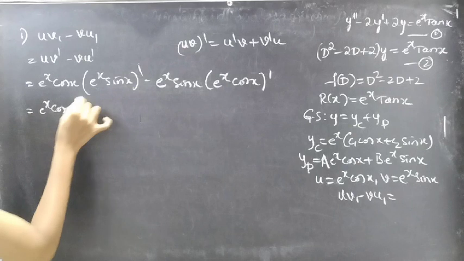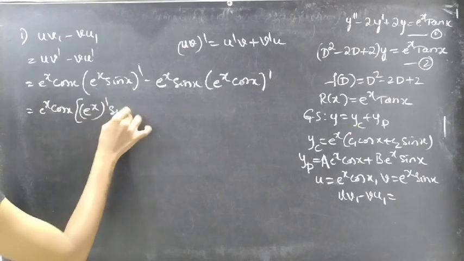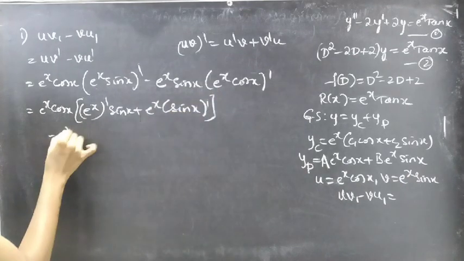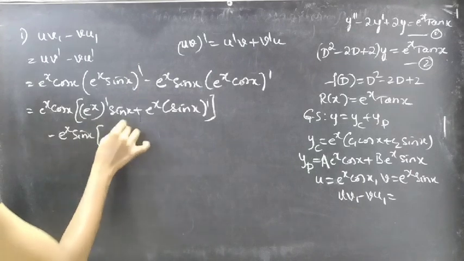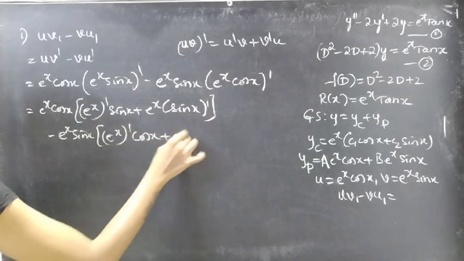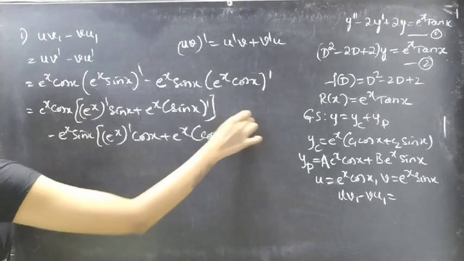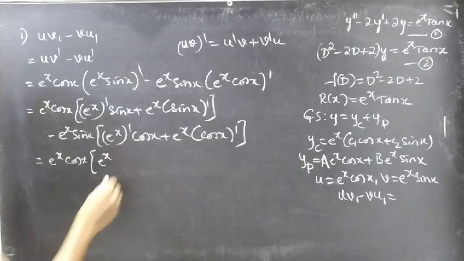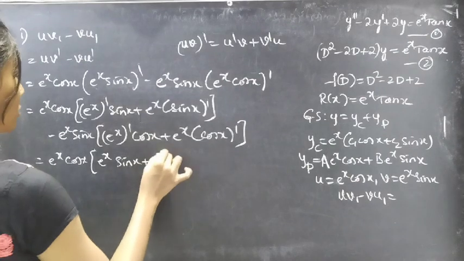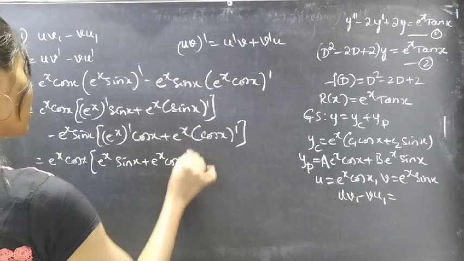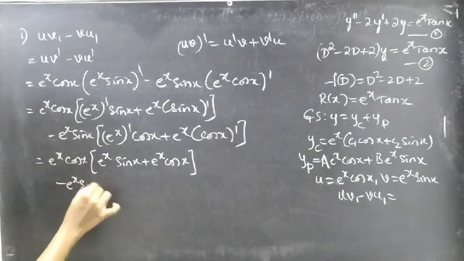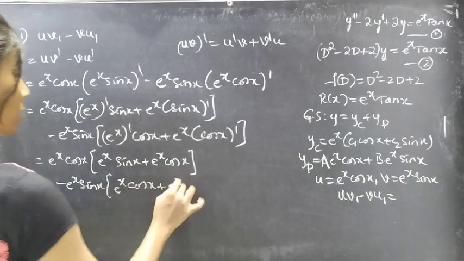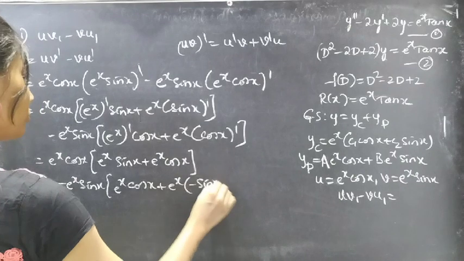e power x cos x into (e power x dash sin x plus e power x into sin x dash) minus e power x sin x into (e power x dash cos x plus e power x into cos x dash), which gives us e power x cos x into (derivative of e power x with respect to x is e power x, sin x, plus e power x into derivative of sin x with respect to x is cos x) minus e power x sin x into (e power x, derivative of e power x with respect to x is e power x, cos x, plus e power x into derivative of cos x with respect to x is minus sin x).